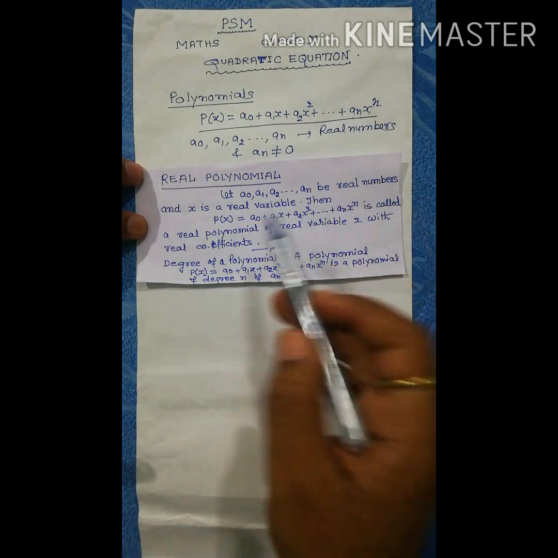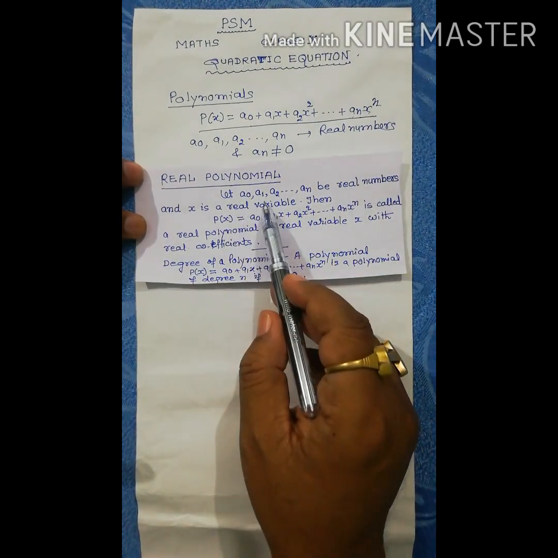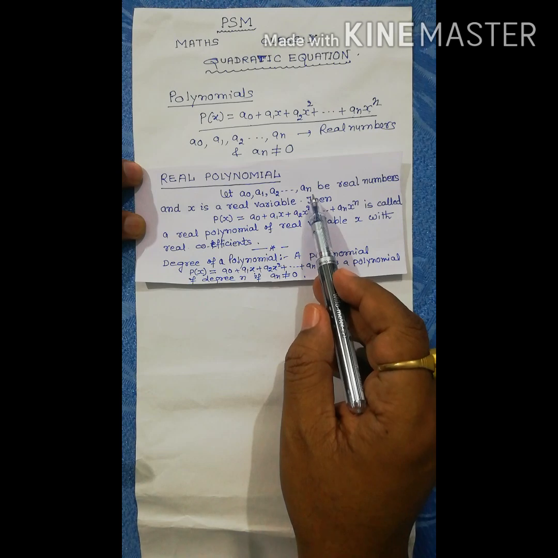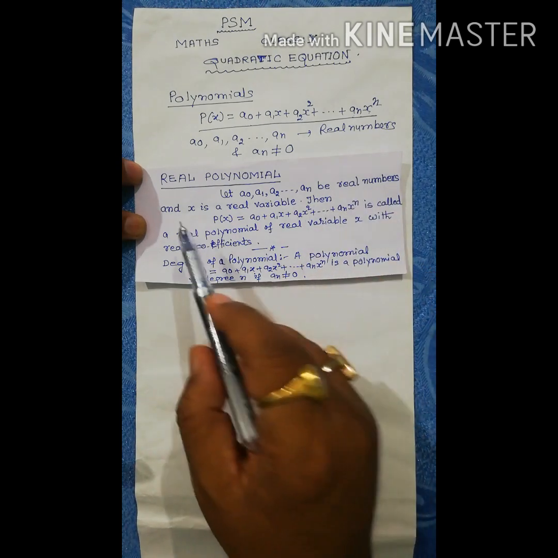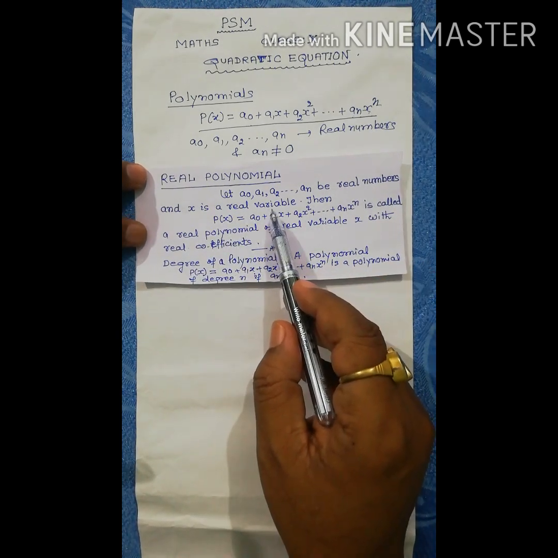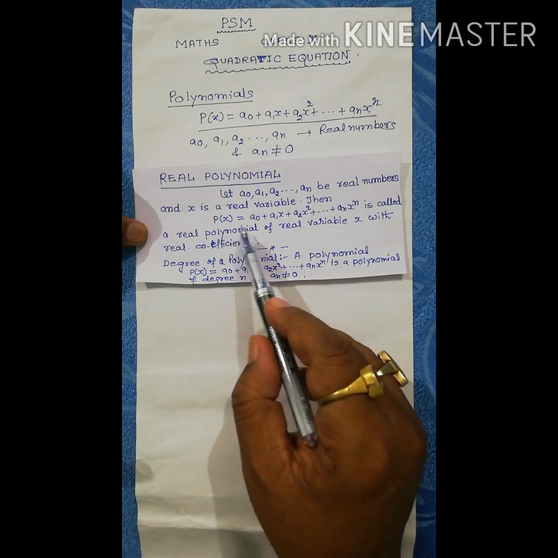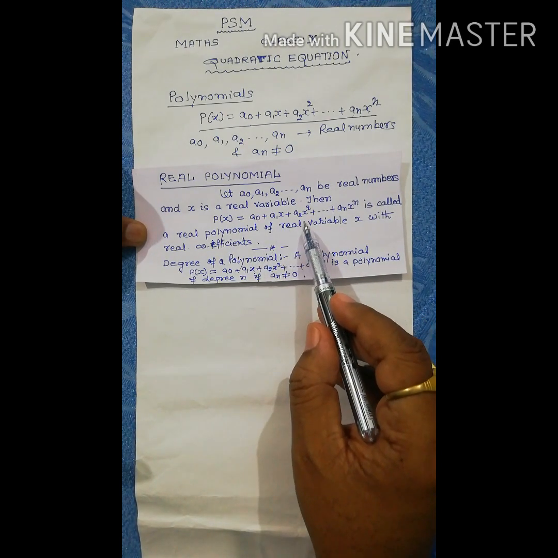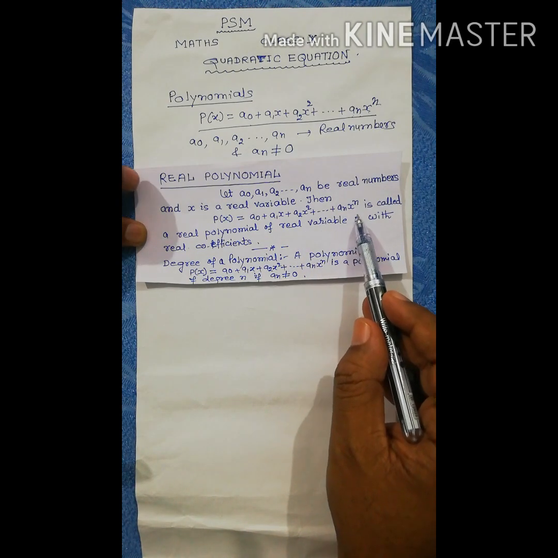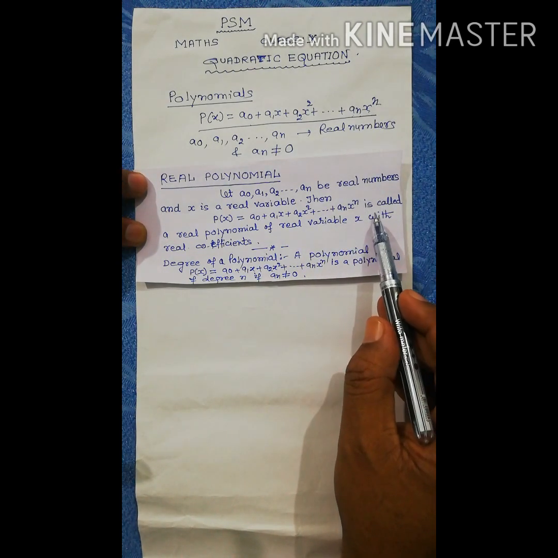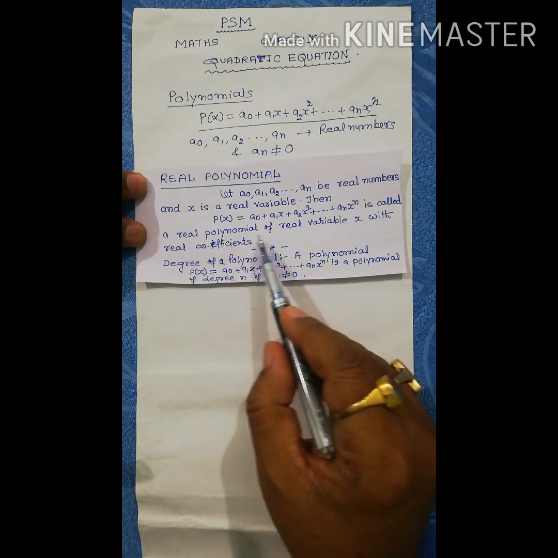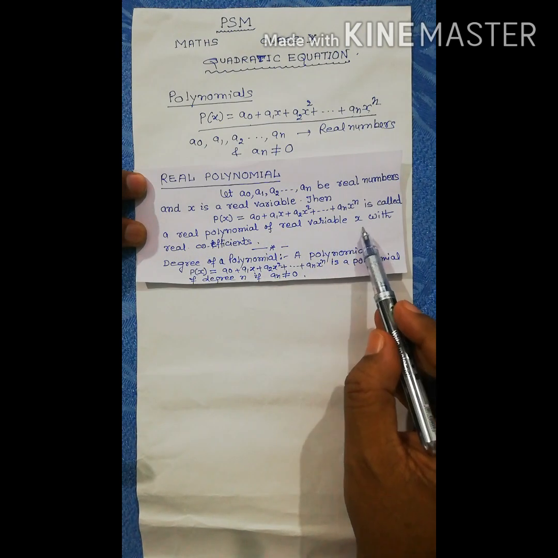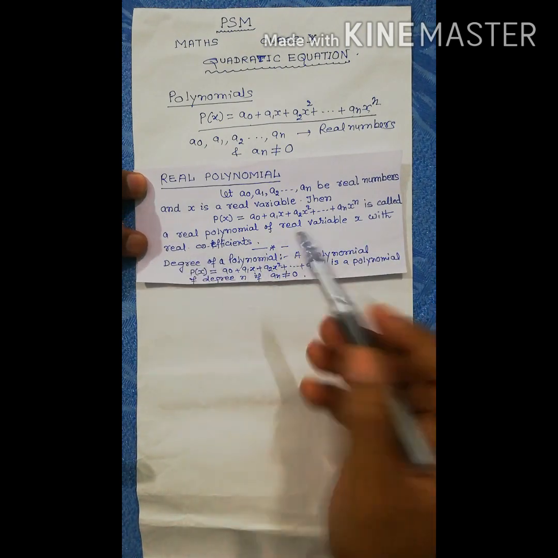Let a0, a1, a2, ..., an be real numbers and x is a real variable, then p(x) = a0 + a1x + a2x² + ... + an xⁿ is called a real polynomial of real variable x with real coefficients.